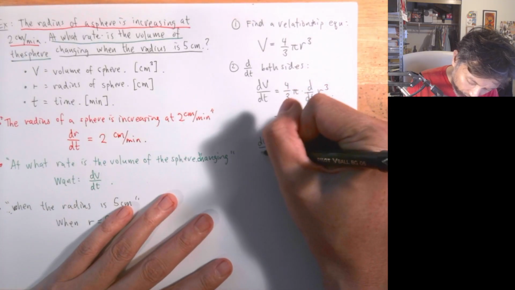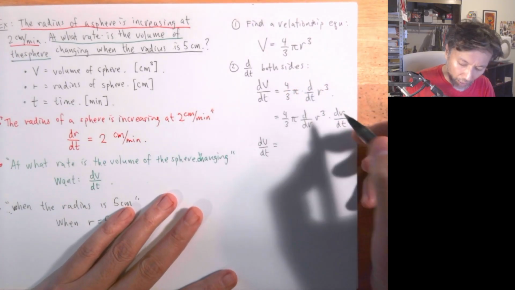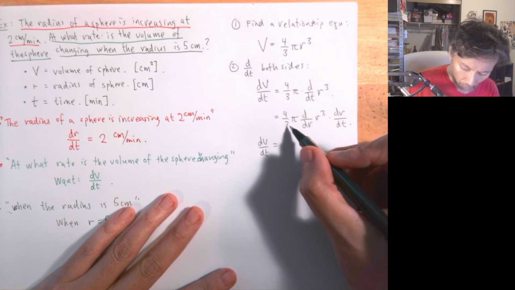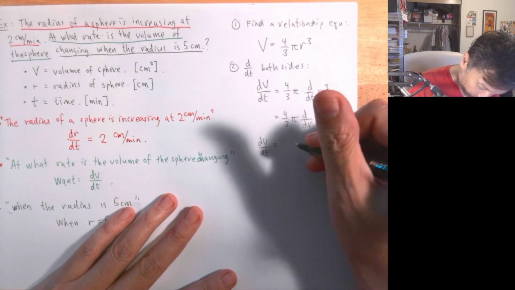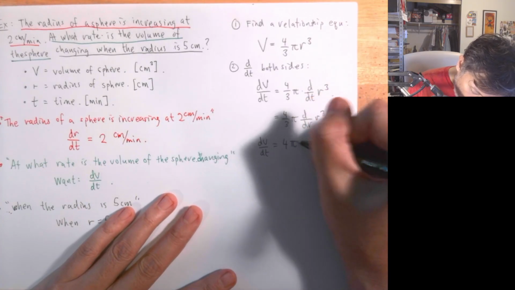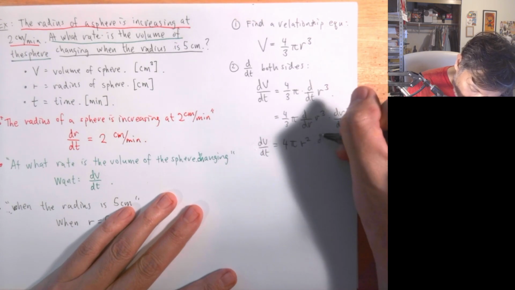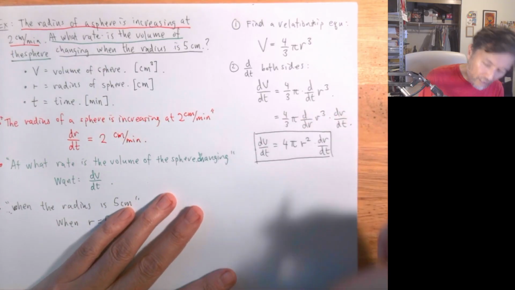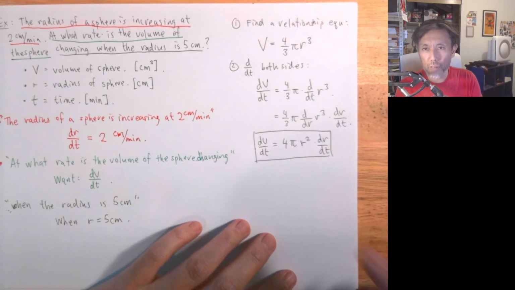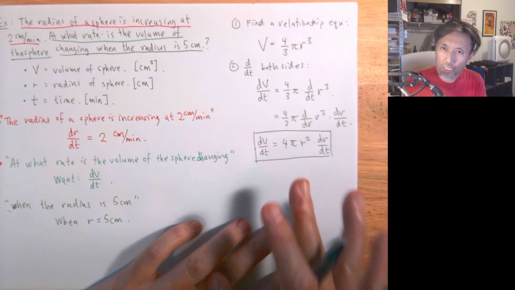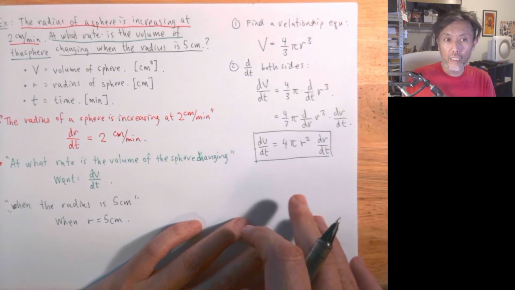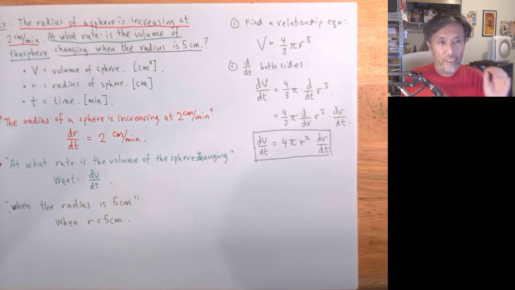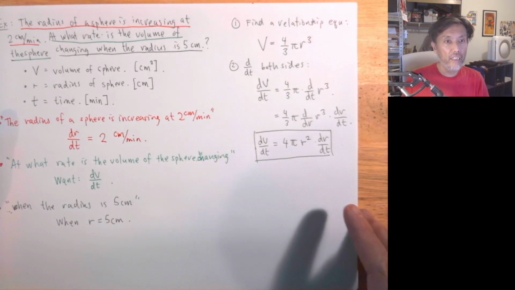So I'll rewrite dV dt here, and the 3 that comes down by the power rule from r cubed cancels the 3 in the denominator. So we get 4 pi r squared dr dt. And I boxed that just because this is an important moment in the problem, because this represents the related rates equation. Now, there are a couple things that I really want to emphasize here, okay?